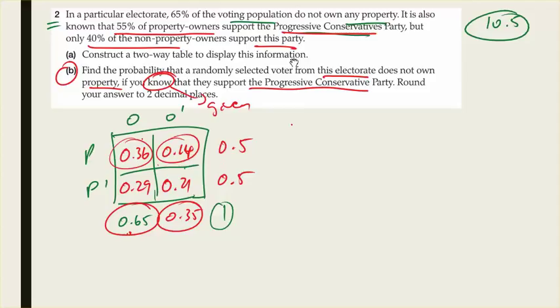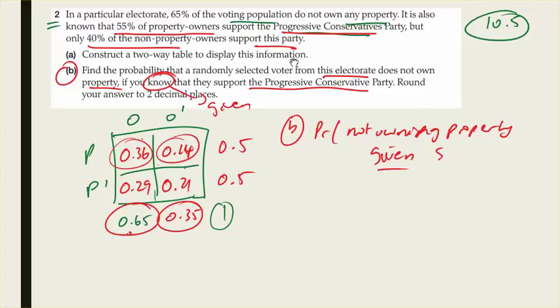So in other words, what B is asking is the probability of them not owning property, given that they support the party.